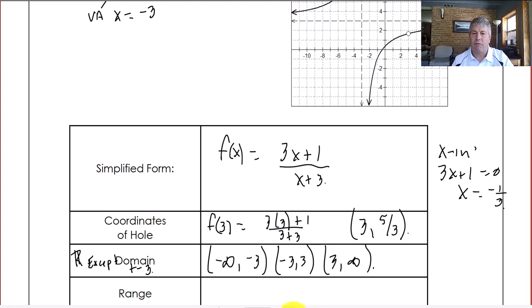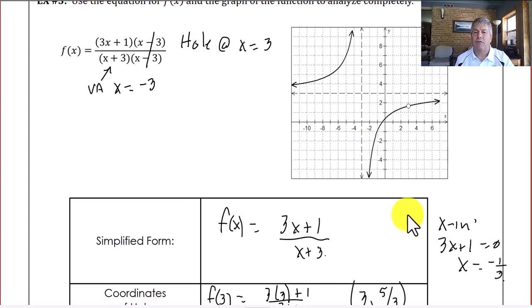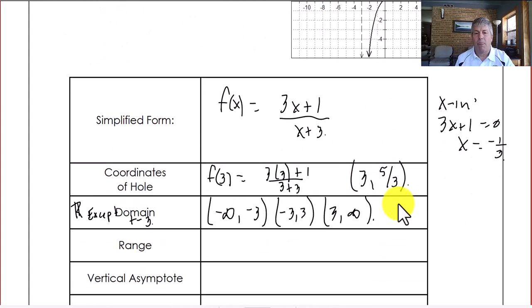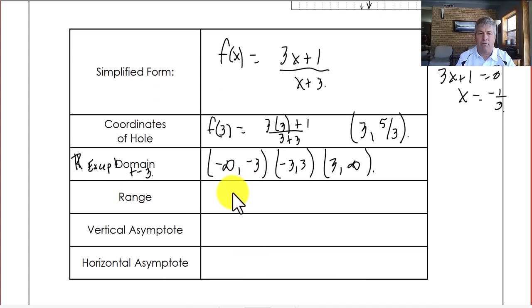The range of our function, we can have lots of different y values. Part of finding our range is finding that horizontal asymptote. So we found our vertical asymptote first, at x equals -3. Our horizontal asymptote, that's the battle between 3x and x, and those simplify to 3. So that's y equals 3.